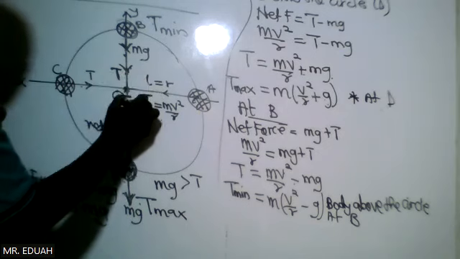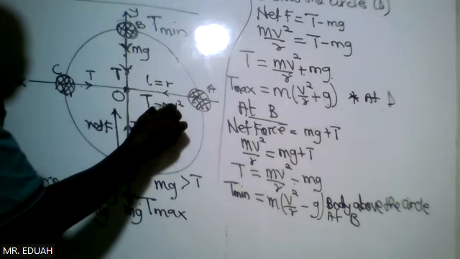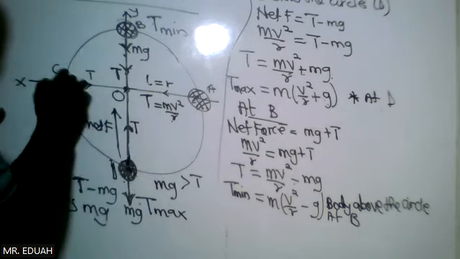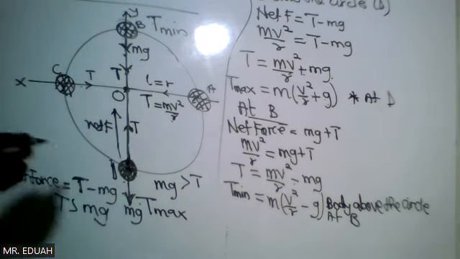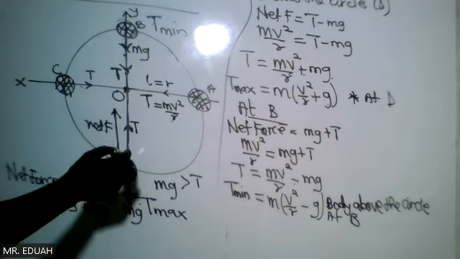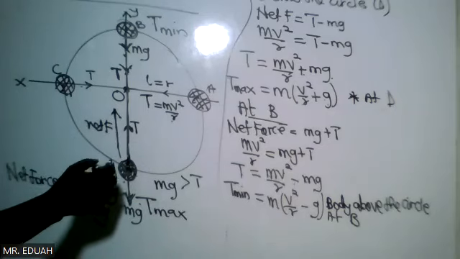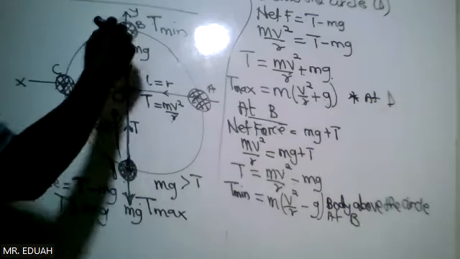So the tension within the string can be determined by mv squared over R, and at C it is the same thing. But it varies when the body revolves in such a way that its position is above and then below.